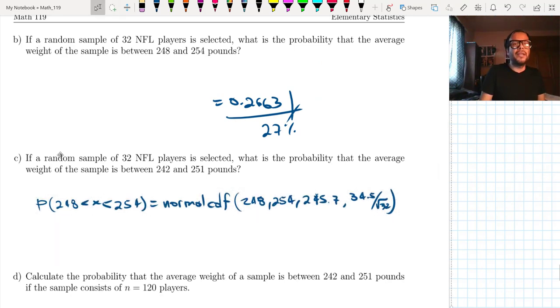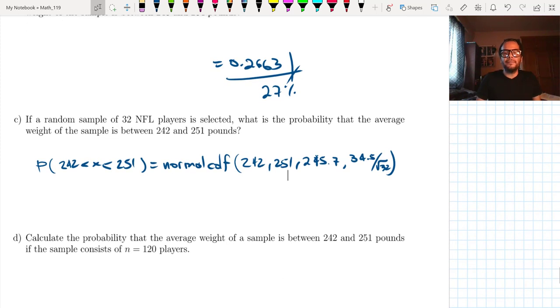So let me erase the first two numbers. And this will be 242 and 251. Okay, let me go to the calculator.